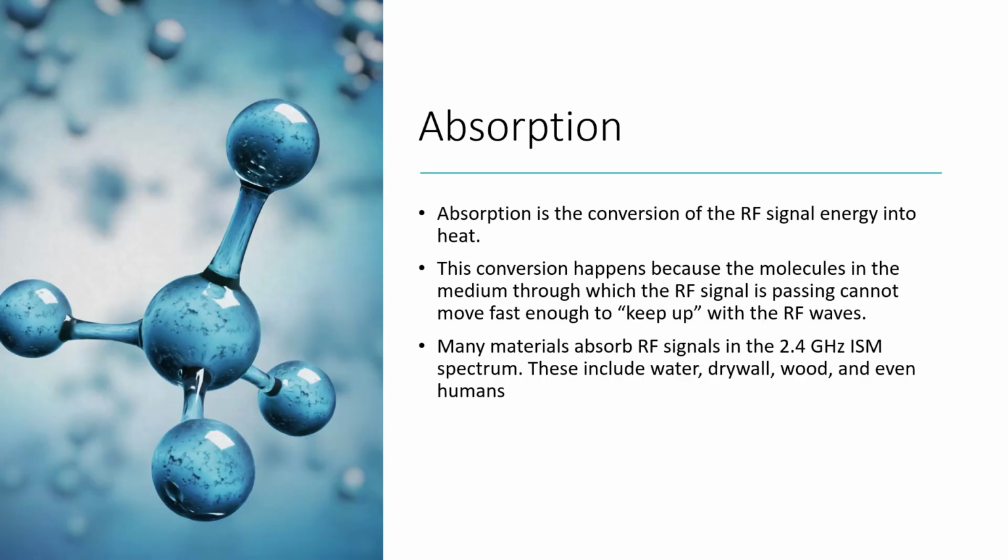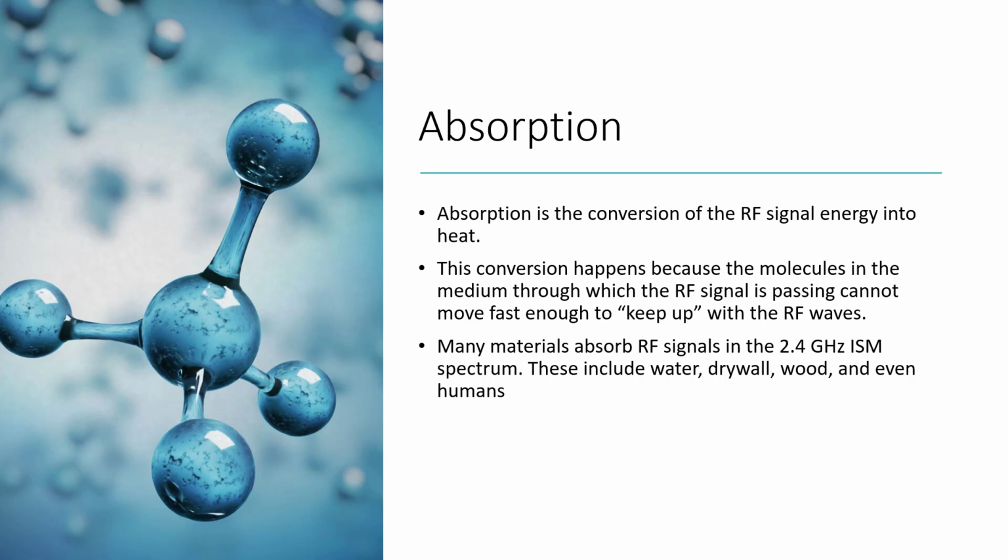The next important property of an RF wave is absorption. Whenever an RF wave hits a certain object, the object absorbs the energy. We have seen that an object reflects the energy, refraction happens, diffraction happens. In this case, the object also absorbs the energy.